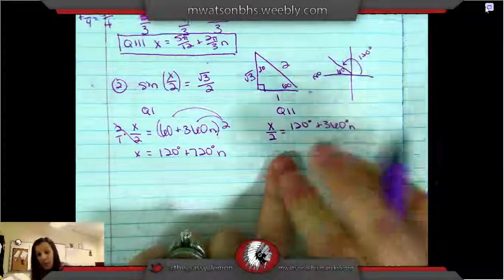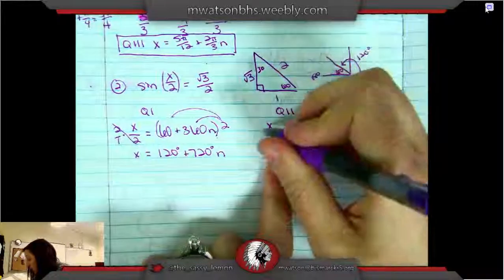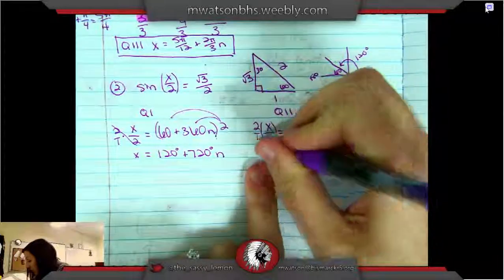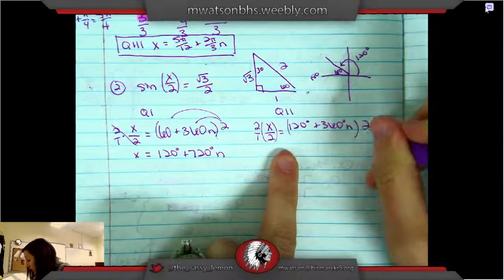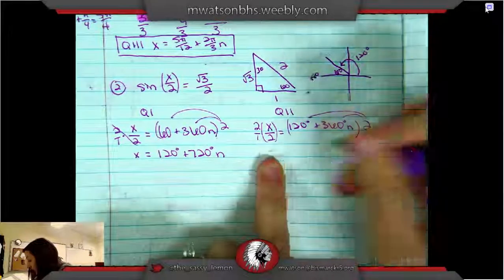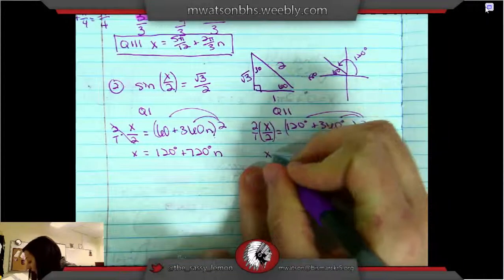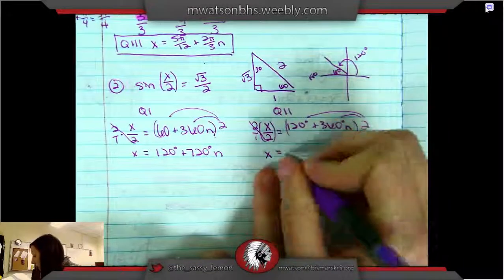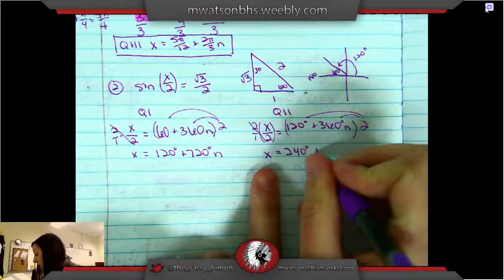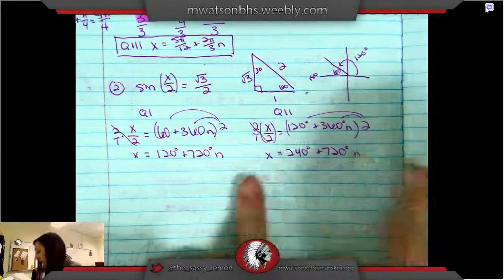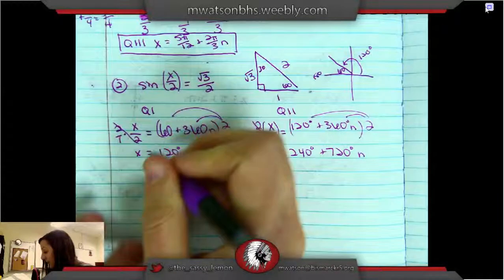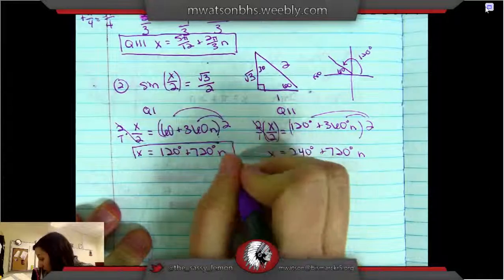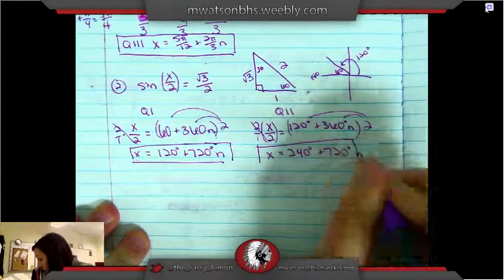And for the second quadrant, we're going to do multiplying by 2, and we're going to get x equals 240 degrees plus 720 degrees n. And there you have it.